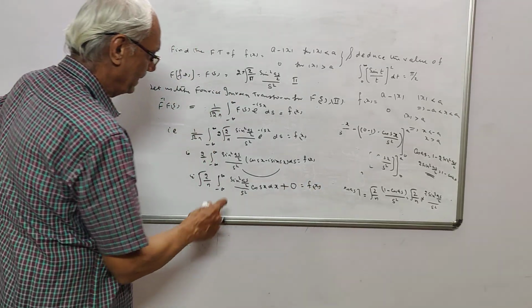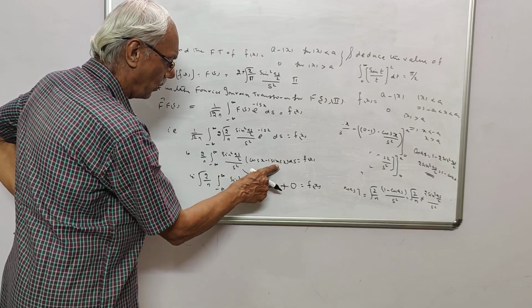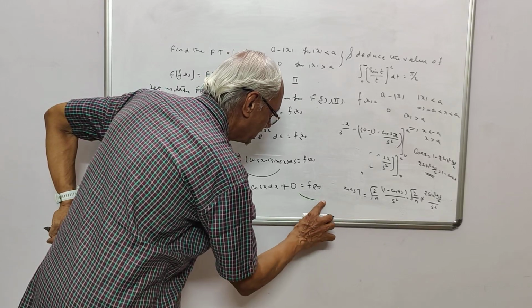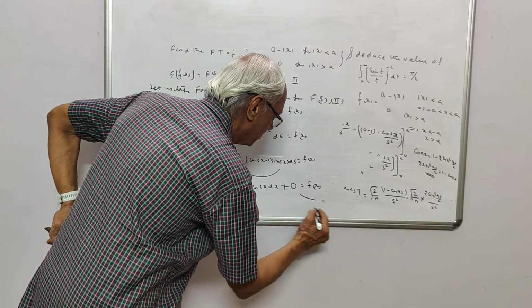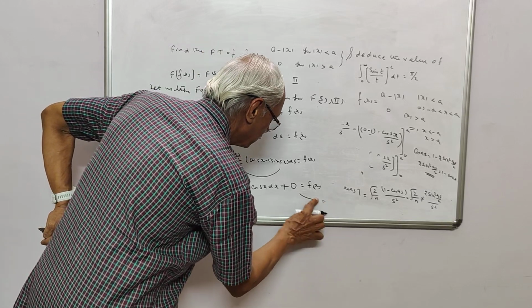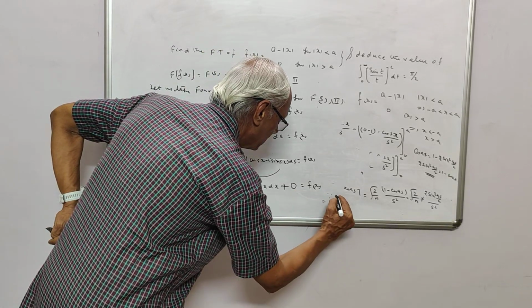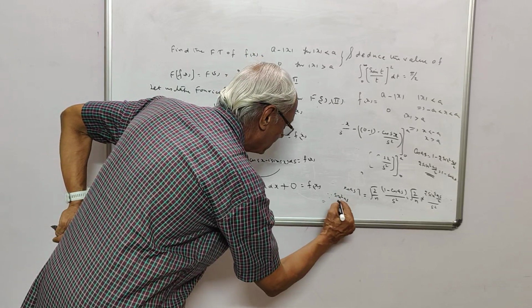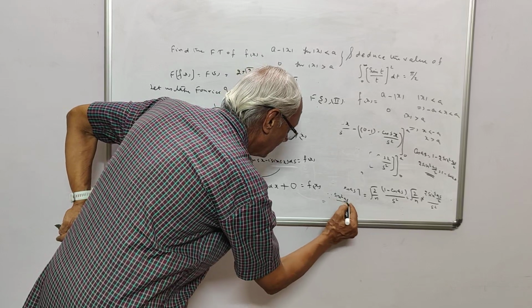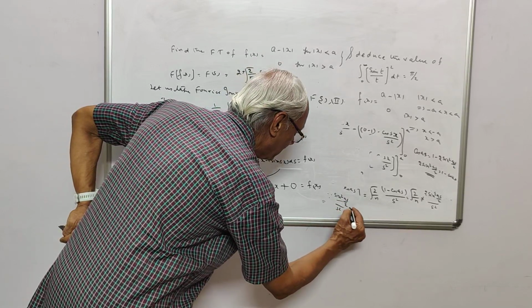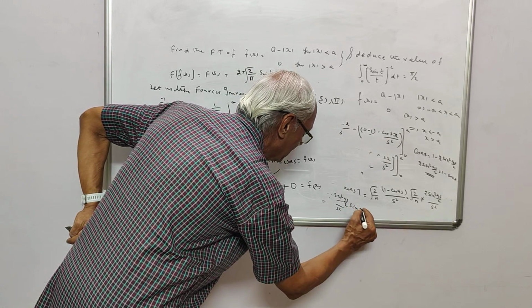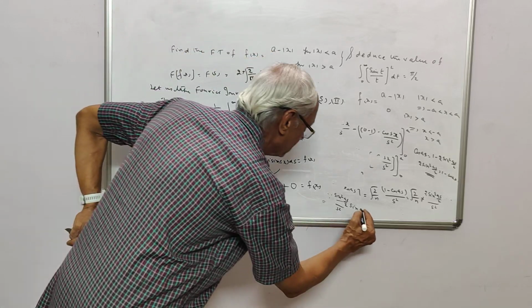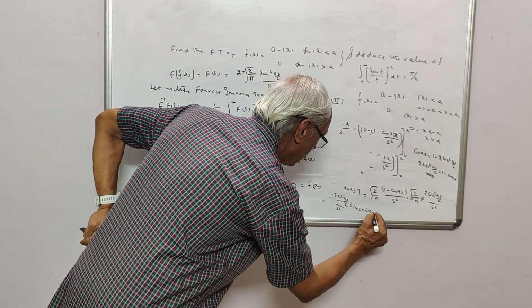Because I told you that sine squared as by 2 divided by s squared into sine sx is odd.